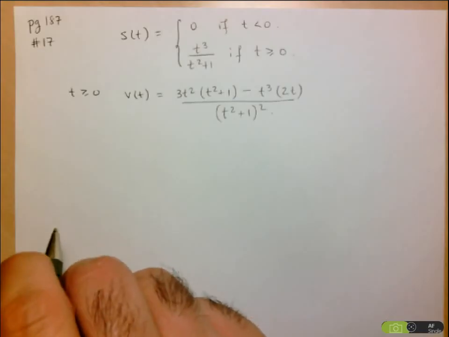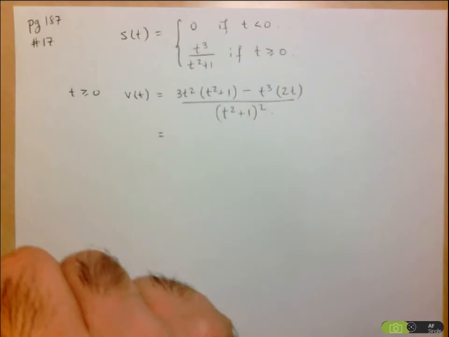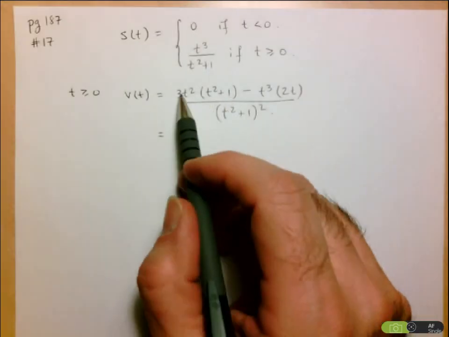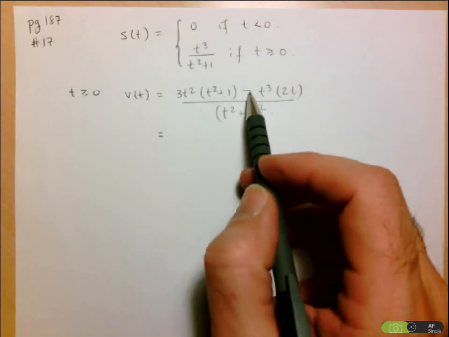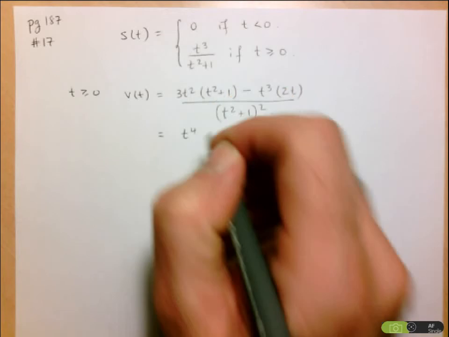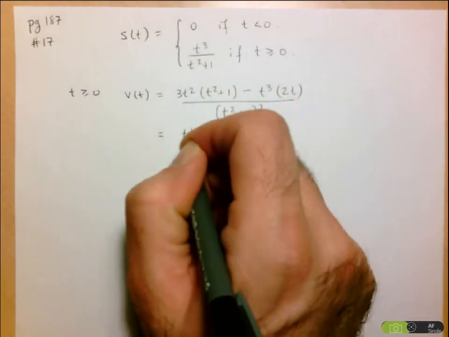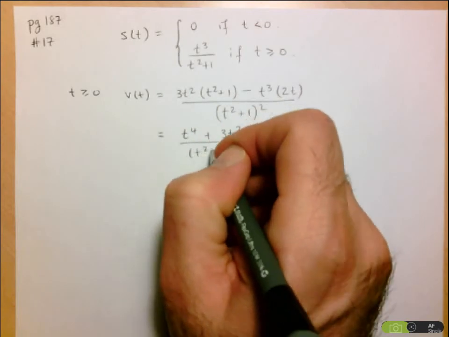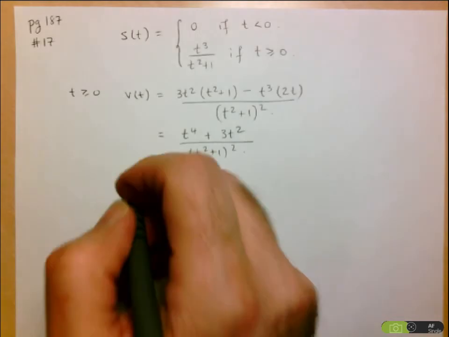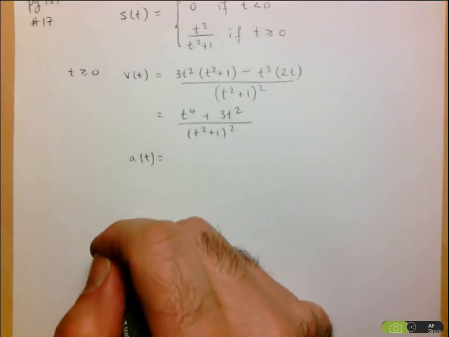Now since I need to find the acceleration, it's worthwhile simplifying this. So here we've got 3t to the fourth minus 2t to the fourth, so that's just t to the fourth, and then here we're left with a plus 3t squared, all over t squared plus 1 squared. So now to find the acceleration, we're going to use the quotient rule again.